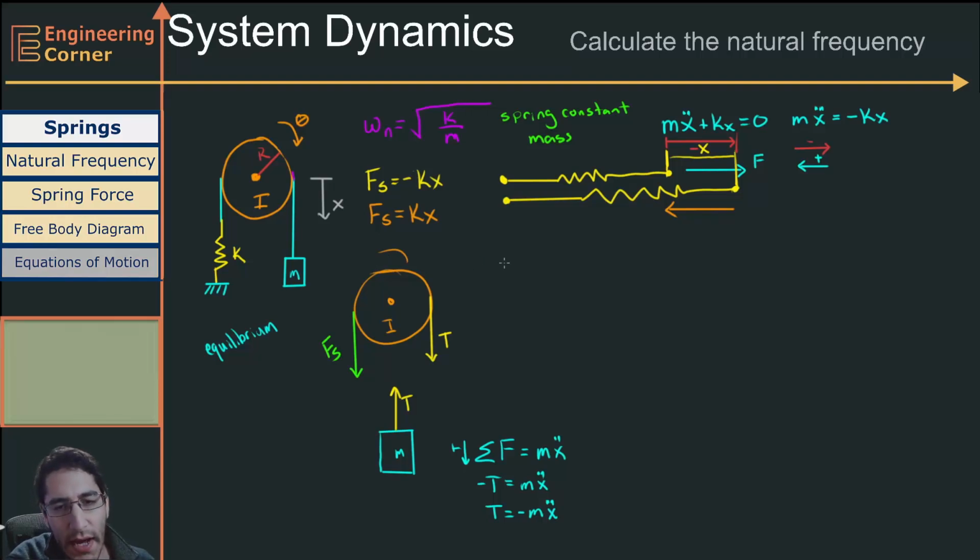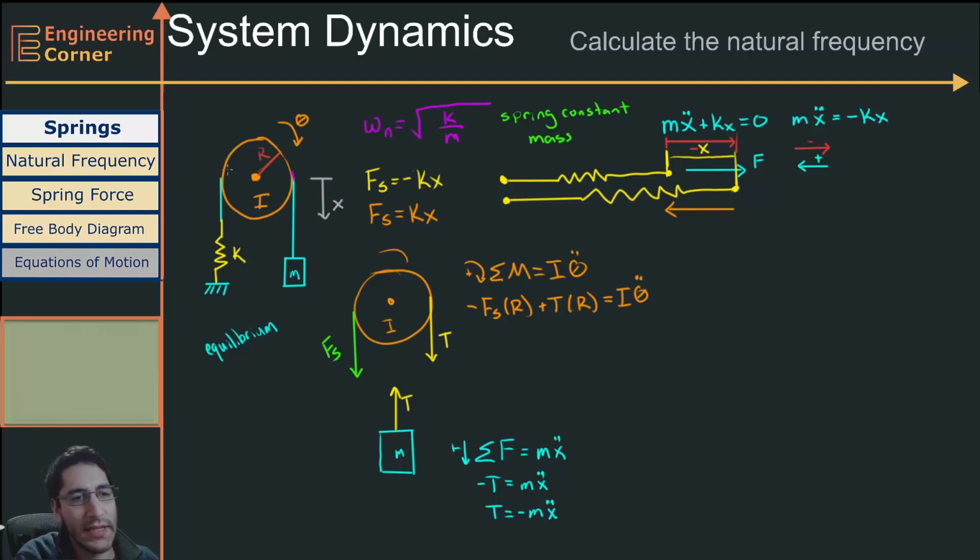And with this pulley, I have the sum of my moments going this way, that's the way I'm rotating, is going to be equal to my moment of inertia times my angular acceleration. So what do I have here? I'm going to have minus Fs times r. That's the radius of this pulley. And then I'm going to have plus T times r is equal to I times my angular acceleration.